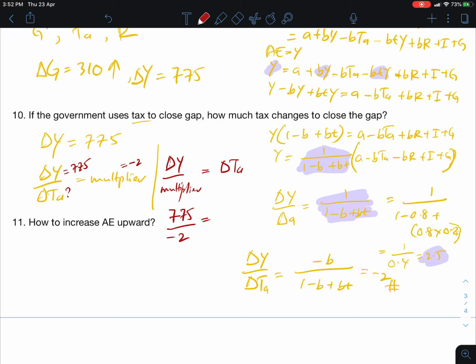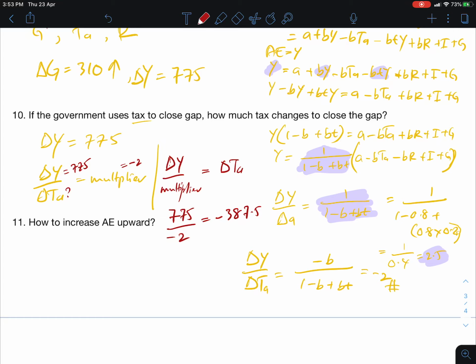Dan kita akan dapat jawapan. The answer is negative due to the negative multiplier, and 775 is positive.